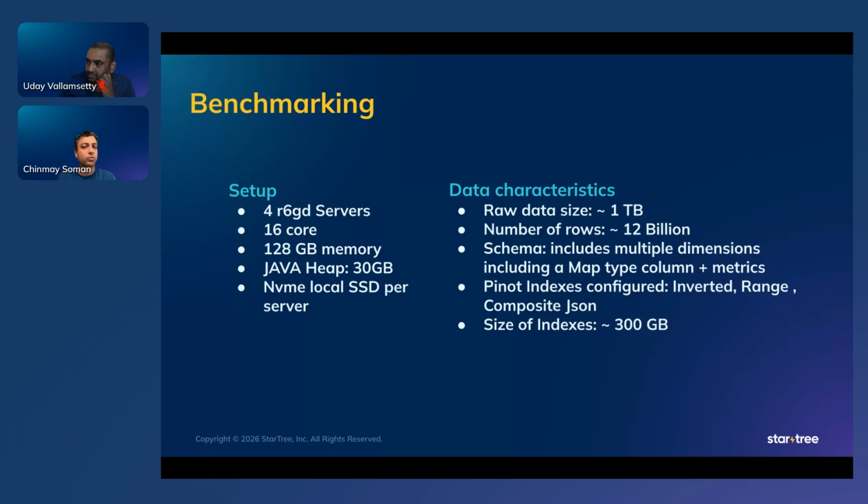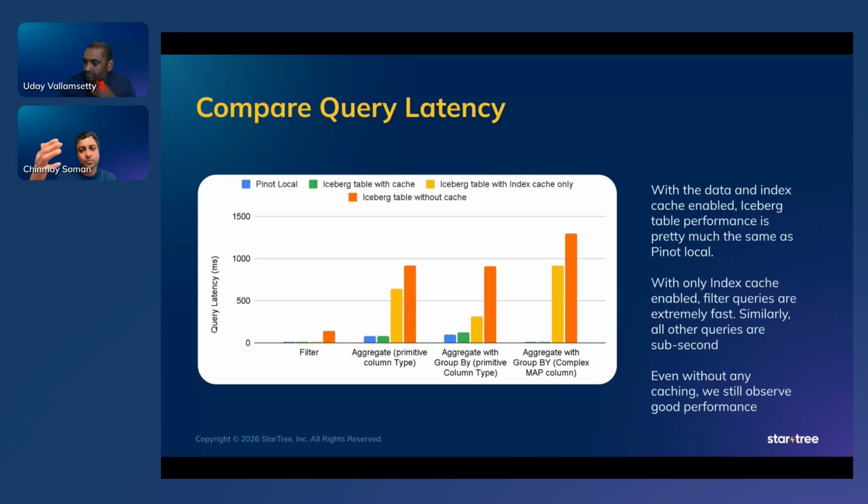And they were all trying to run the same set of queries, right? So this is published. You can go read this. But what we observed is that because of the indexes and all the optimization I mentioned before, StarTree was able to showcase an order of magnitude lower query latency.